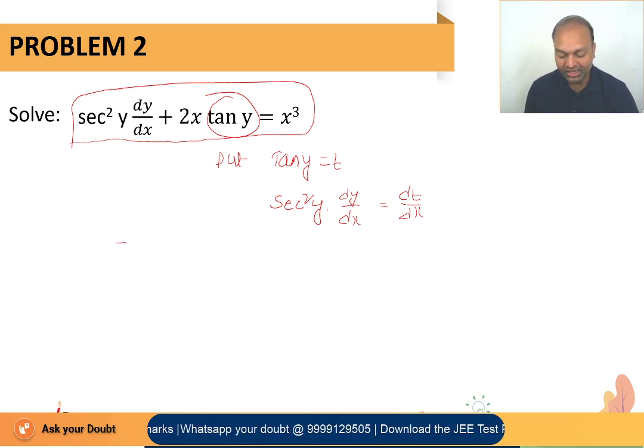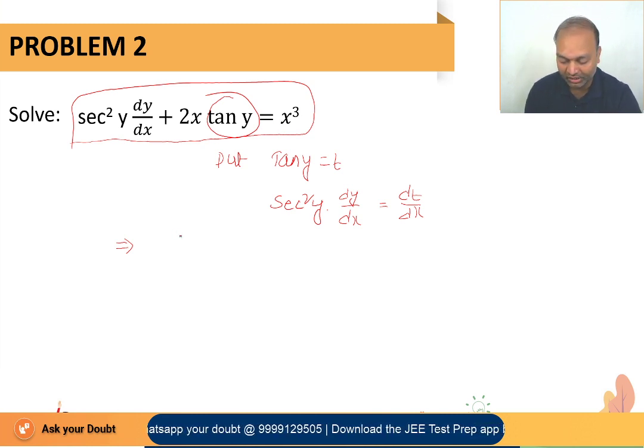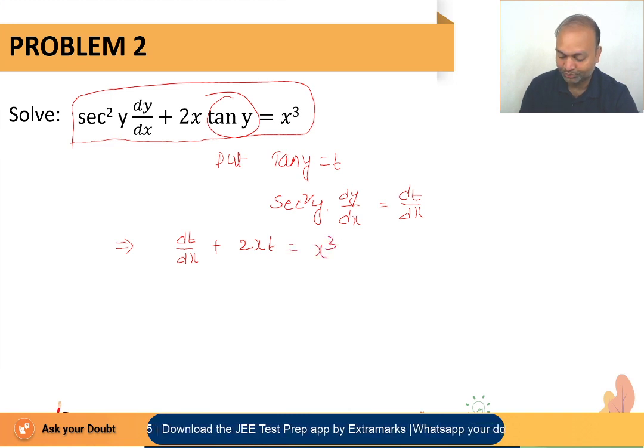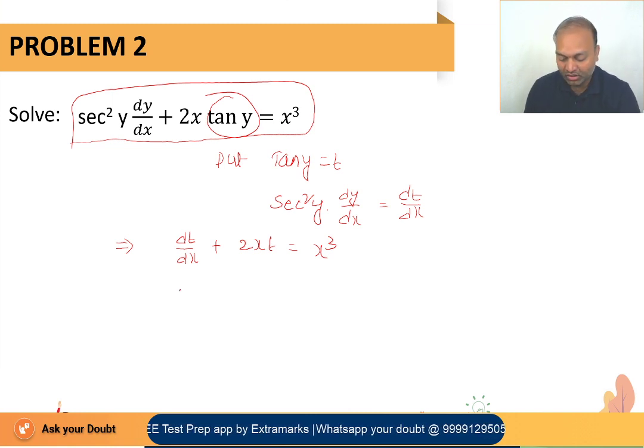Secant square y dy by dx, the answer will be dt by dx, plus 2x tan y. Tan y means what? t is equal to x cube. Okay, right. Now this is what? LDE. Now the next step is what? Find the integrating factor. So integrating factor is equal to what?